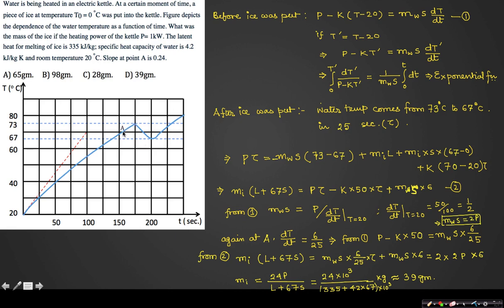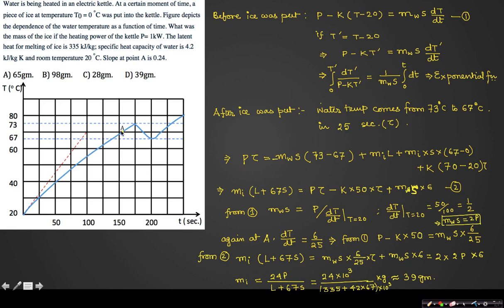When you are at this point A, what is the slope of this graph at point A? Slope of this graph at this point A is nothing but this one. You can see that again I am coming to equation number 1, that at point A where the temperature was 70, look, the temperature is 70 here.